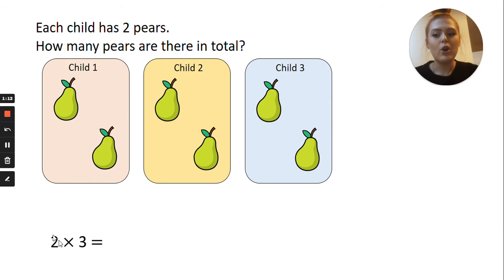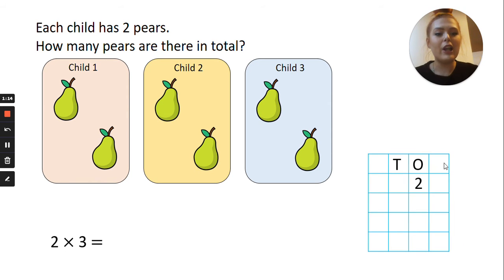My 2 will go at the top, lined up in the ones column, and then directly underneath, below that 2, I'm going to write what I am multiplying by. I am multiplying by 3, so I'm going to write times by 3 underneath.